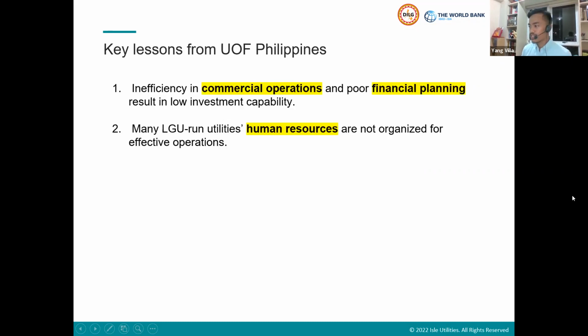The second key lesson that we saw from the UOF Philippines program is that many of these LGU-run utilities' human resources are haphazardly organized, and therefore they do not yield efficient operations.